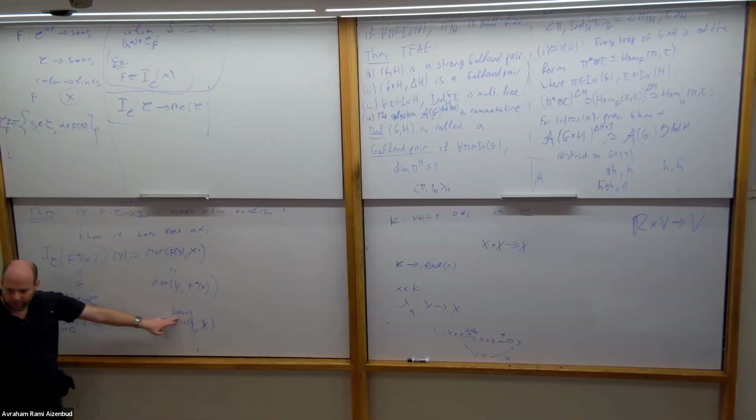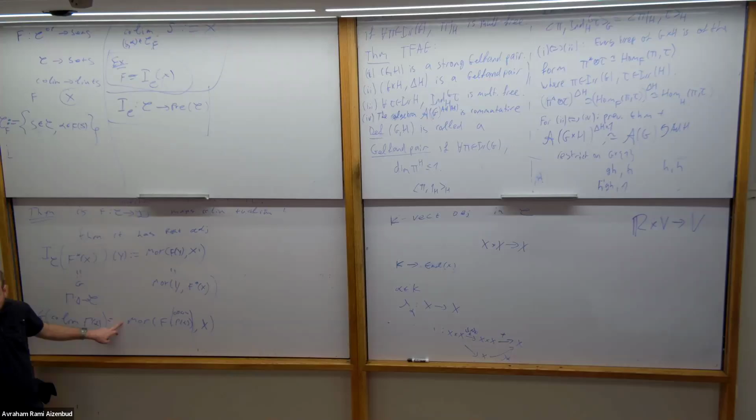Now F maps colimits to colimits, so I can take the colimit out, and then I can take it out of the Hom, but then Hom maps colimits to limits.